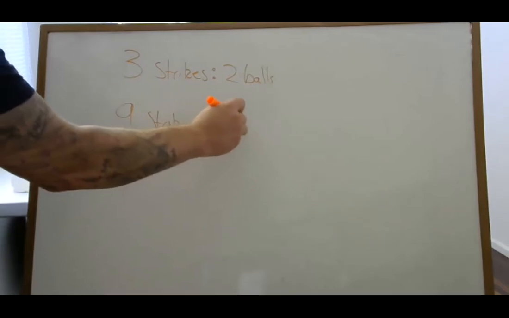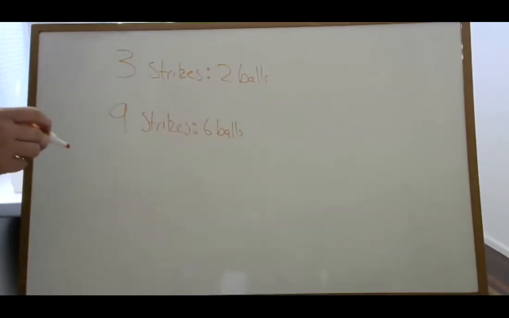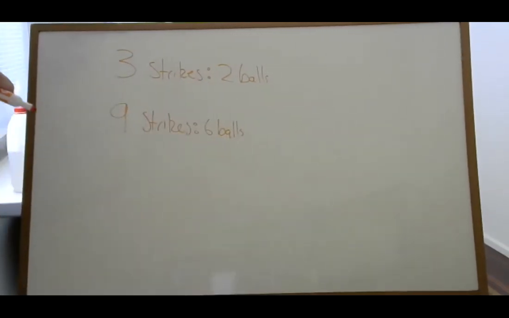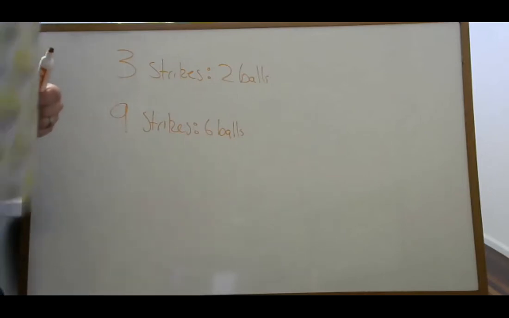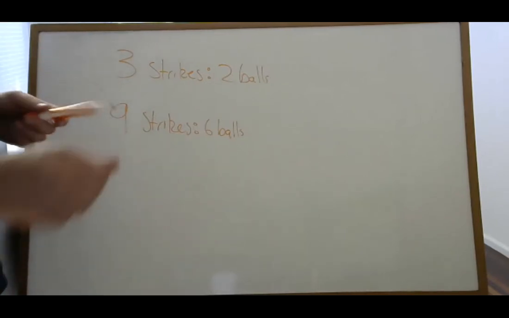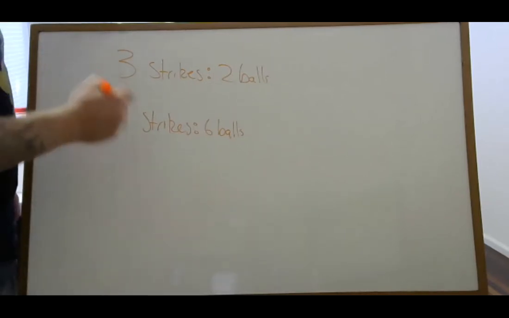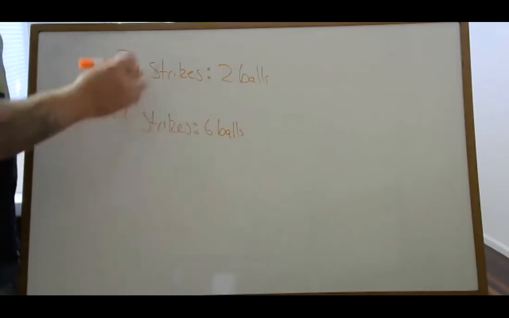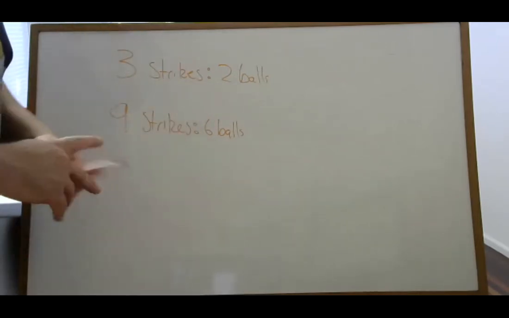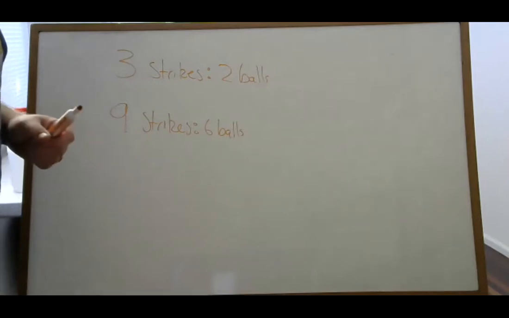Are they equivalent? Yes, they are. 9 divided by 3 is 3, 6 divided by 3 is 2. All right, last one.